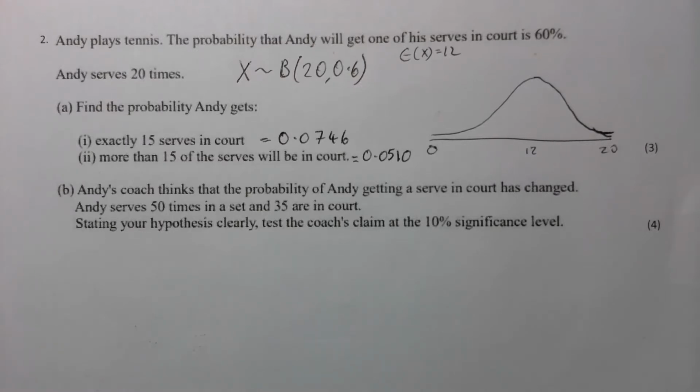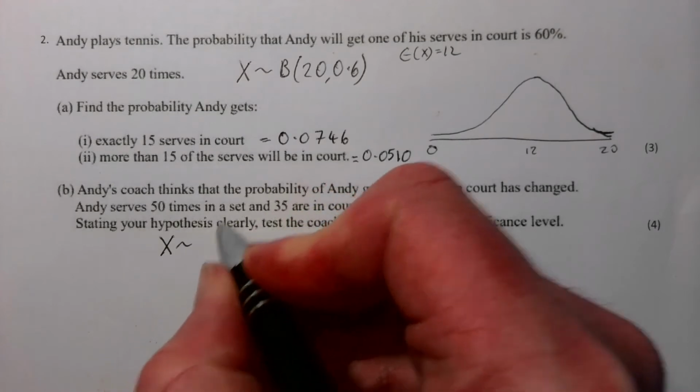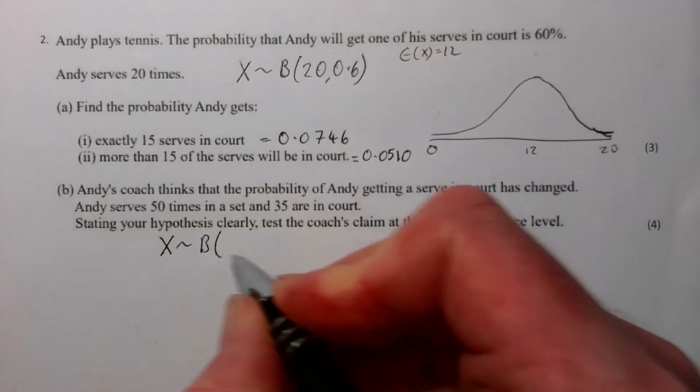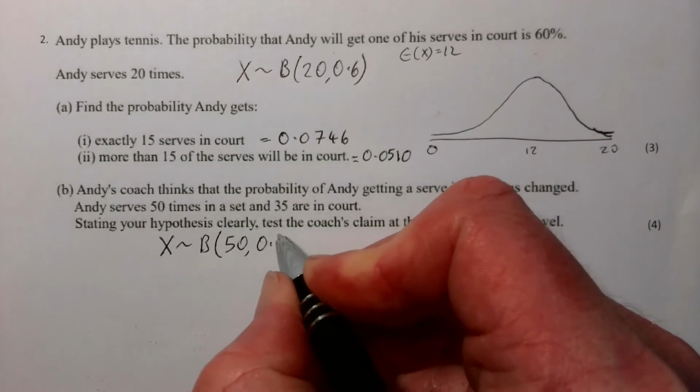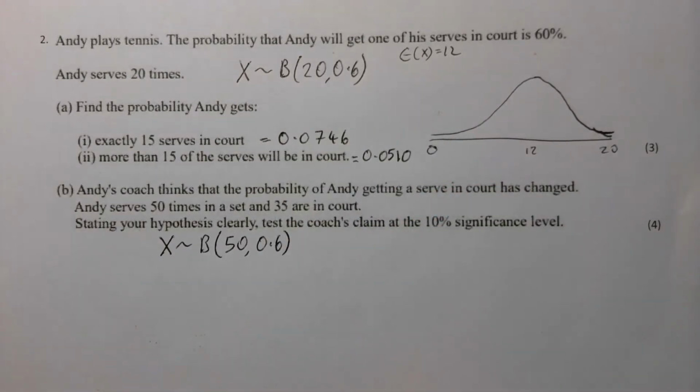Right, next up, Andy's coach thinks the probability of Andy getting a serve in court has changed. He serves 50 times in a set and 35 are in court. We've got to state our hypothesis clearly. So we're going to have the same idea, but this time we've got 50 trials, and we're still going to say 0.6 because that's what we've been told.